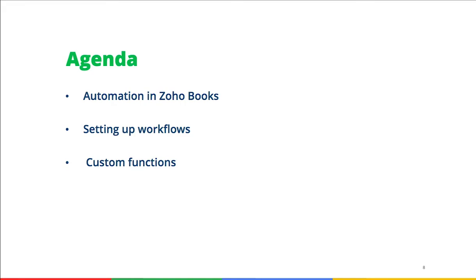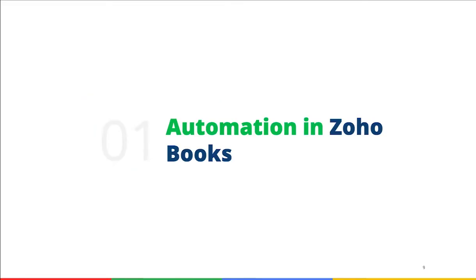And finally, custom functions would be one of those actions that is triggered by a workflow, but I'm explaining it as a separate topic because it's very vast and deep, and it requires a separate section on its own. And we are going to finish off with custom functions and its implications for our customers. With that, I'm going to get started.